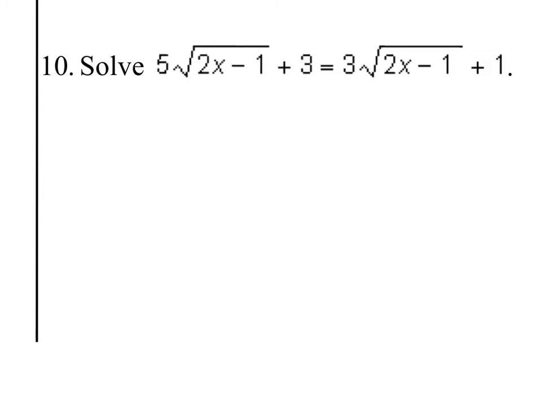All right. Now, notice I have square root of 2x minus 1 twice, so I don't have to actually solve for this right now. First thing I'm going to do is get these together. So I'm going to subtract 3 times root 2x minus 1 from both sides.